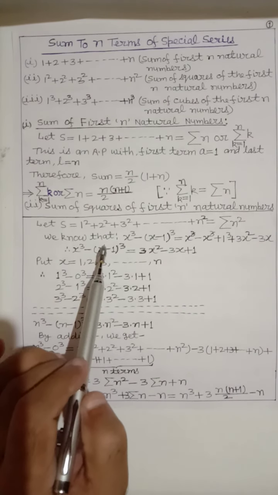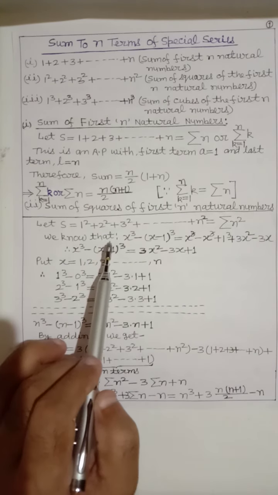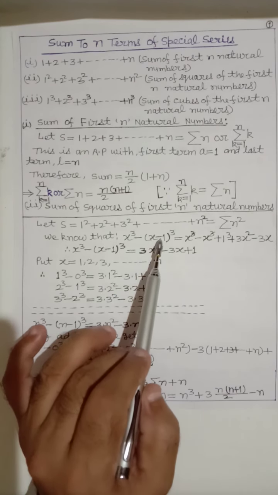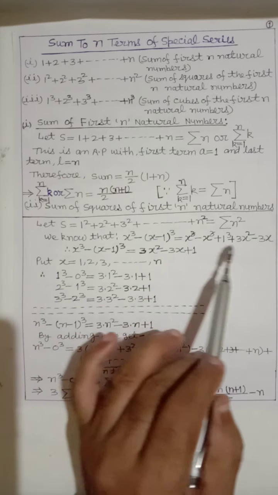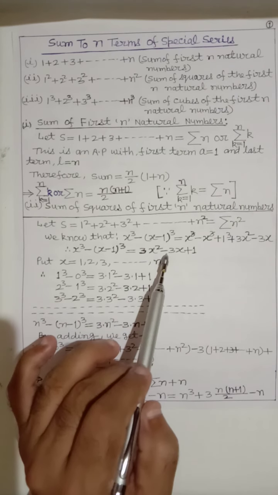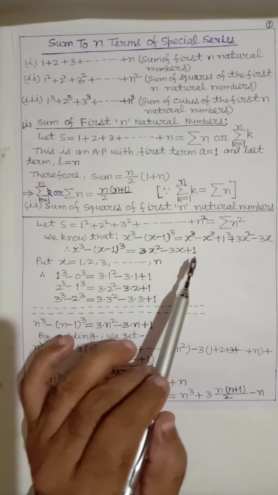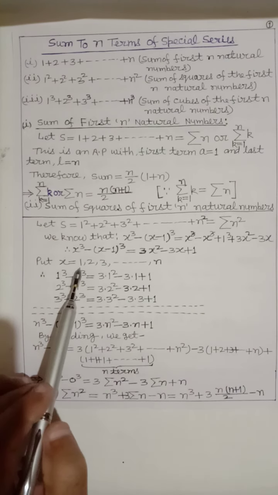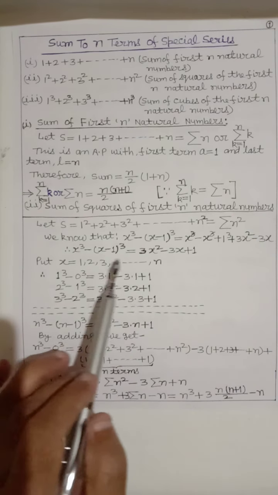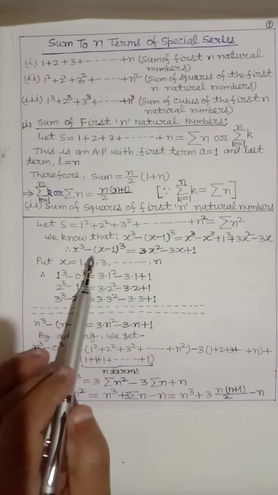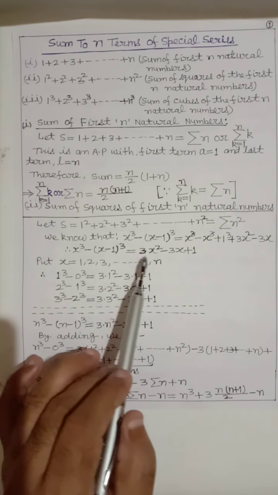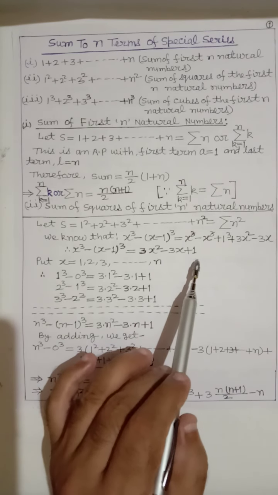Dear students, we use the identity x cube minus x minus 1 whole cube, and we simplify this, we get this is equal to 3x square minus 3x plus 1. Here putting x is equal to 1, 2, 3 and so on up to n in the above identity, that is x cube minus x minus 1 whole cube equal to 3x square minus 3x plus 1.